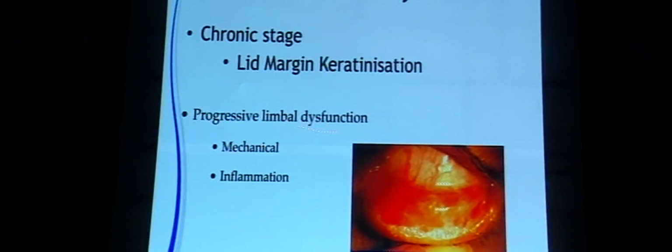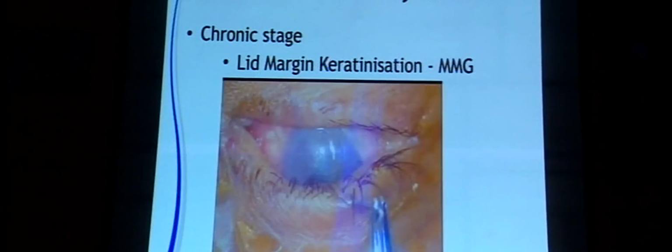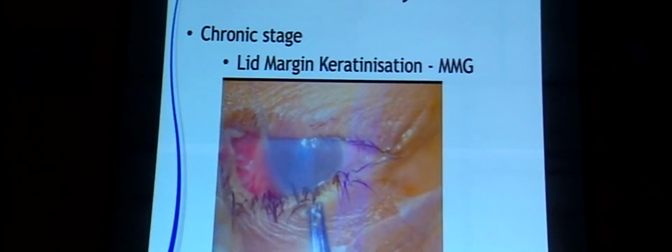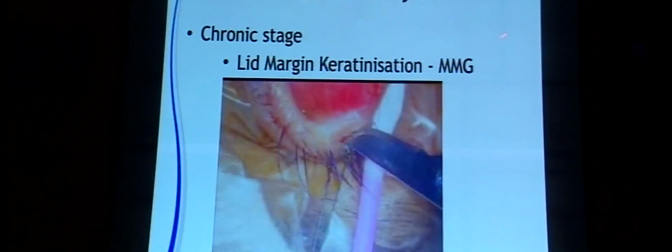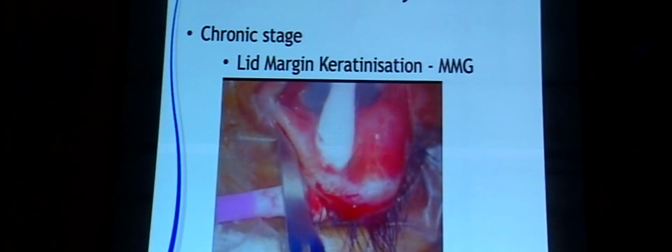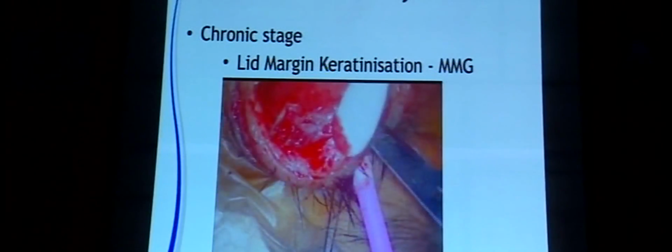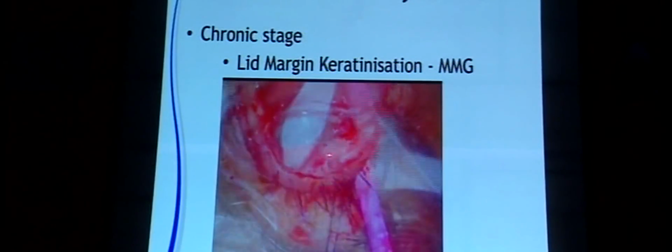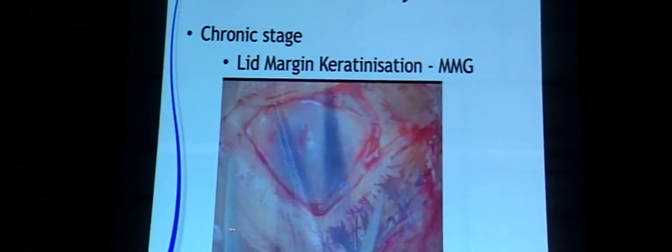The chronic stage, this is the culprit that causes most of the problems because of the mechanical and secondary inflammation. Again, in our setup, the buccal mucous membrane transplantation for the lid margin keratinization is the most effective one. Peel off the keratinized tissue from the lid margin.